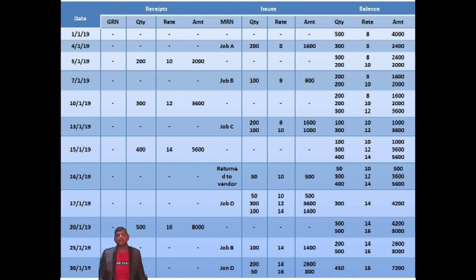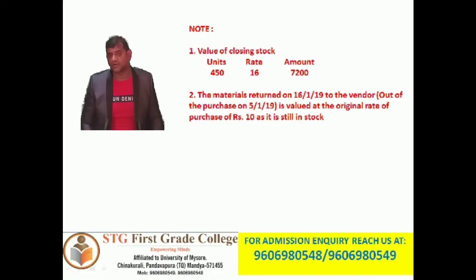So go to the balance column, left out is 450 units at rupees 16 each, so that comes to 7200 rupees. So you can have a working note for that.